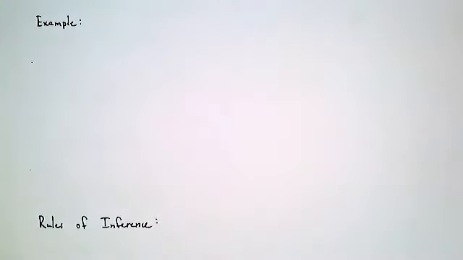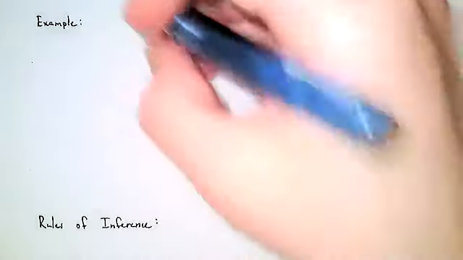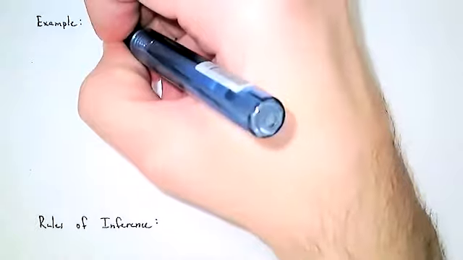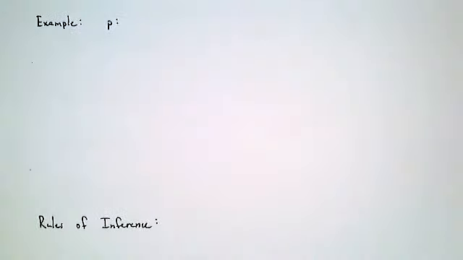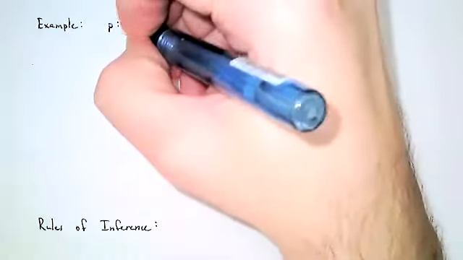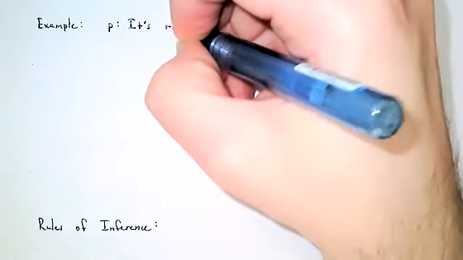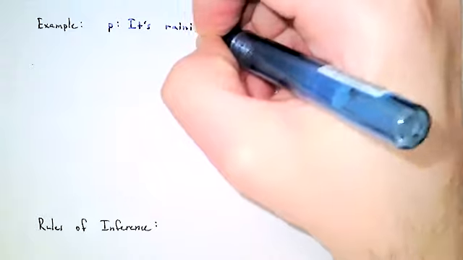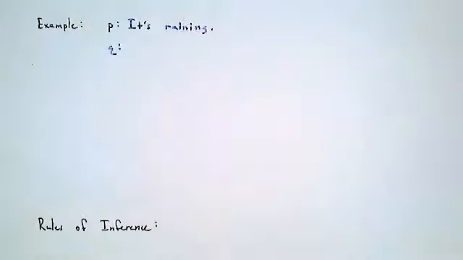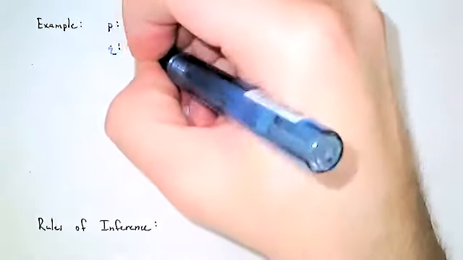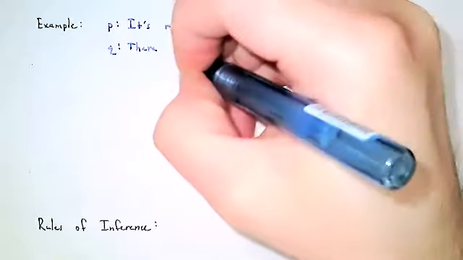So let me go over to this page and write that out. P is going to stand in for it's raining. Q is there's a cloud above me.